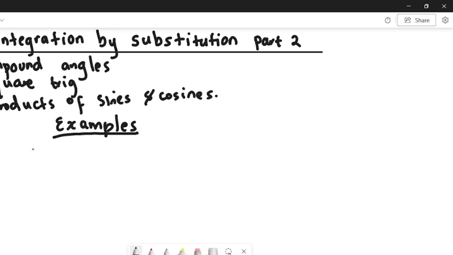So example 1, integrate sine 2x dx. Our first step here is to let u be equal to 2x.